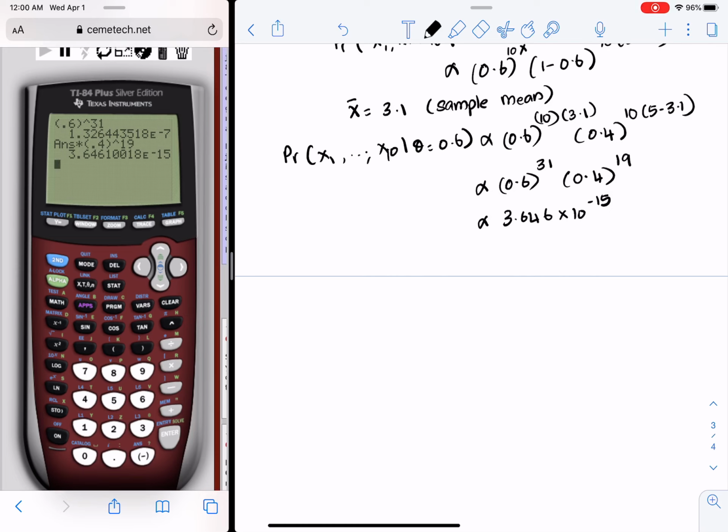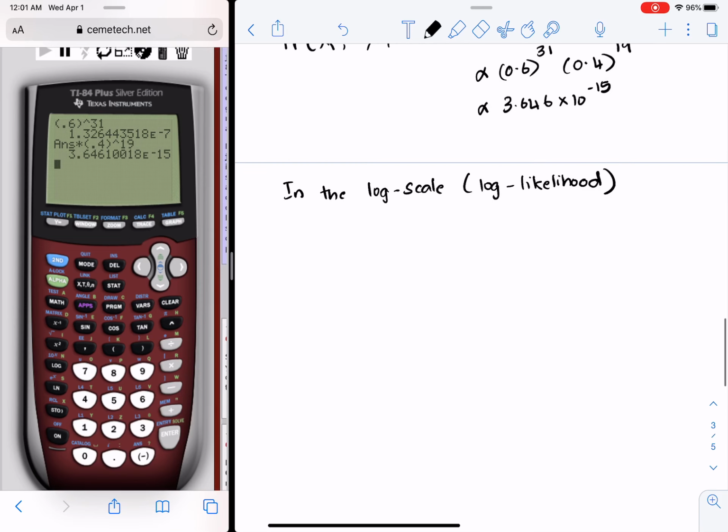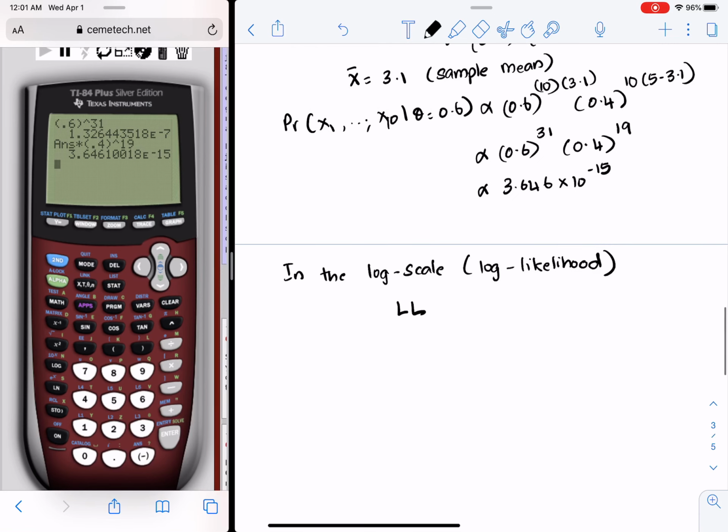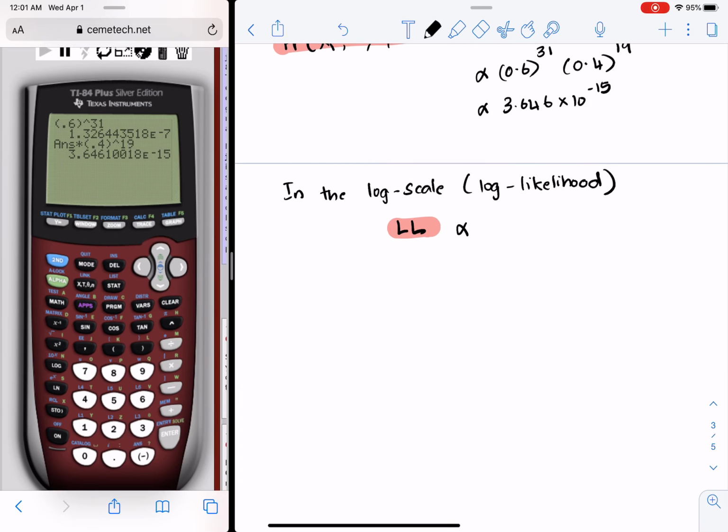So oftentimes we like to put this in the log scale. In the log scale, that would give us the log likelihood. So I'm converting the likelihood to log likelihood, and that value would be proportional to the log.